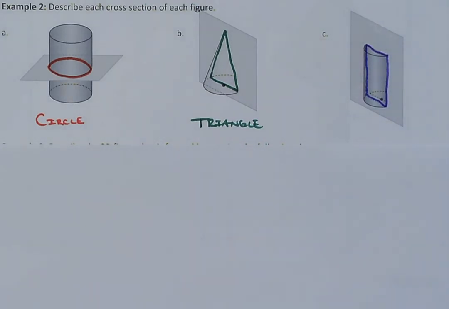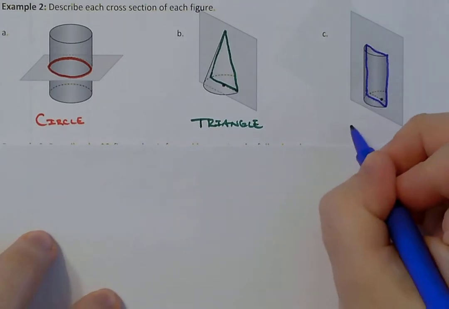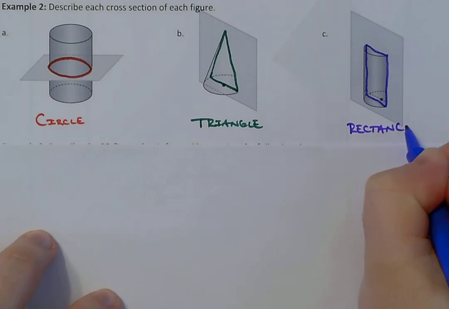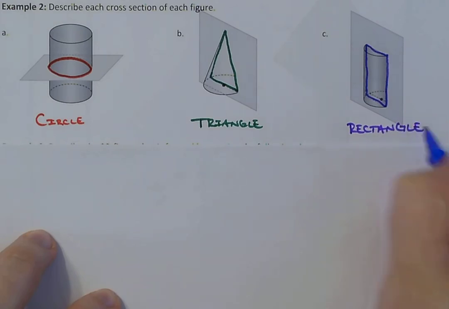So, what shape does that purple outline form? A rectangle. So our cross section for example 2C is a rectangle.